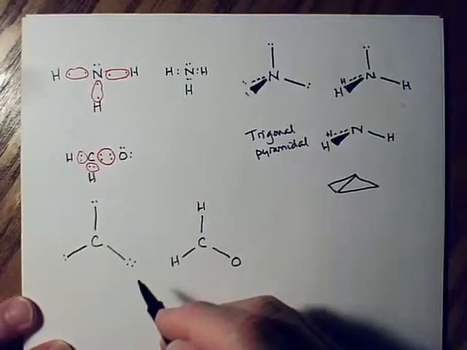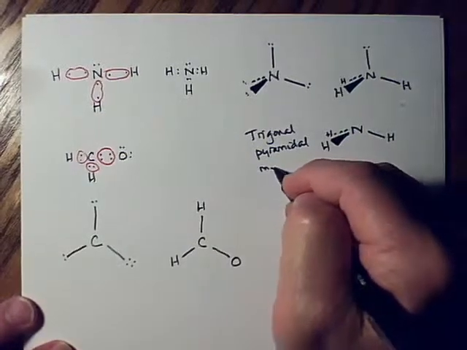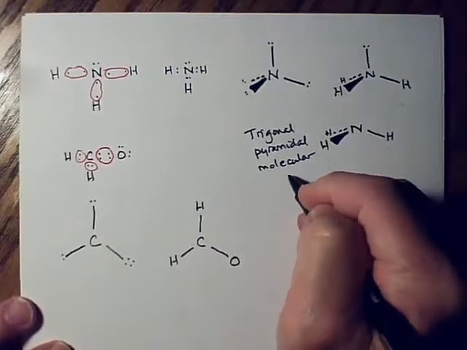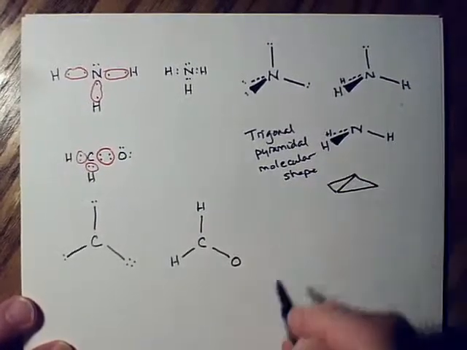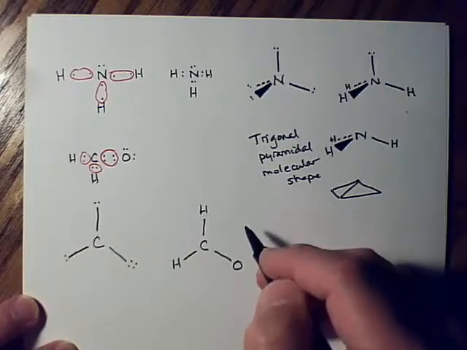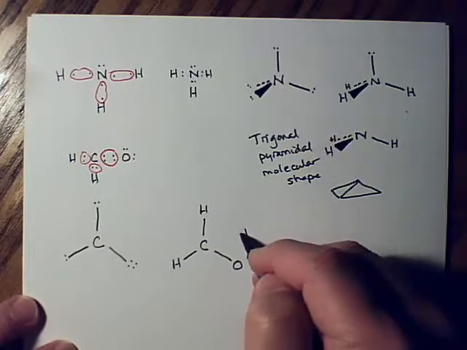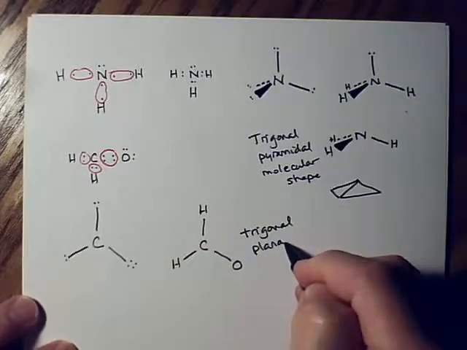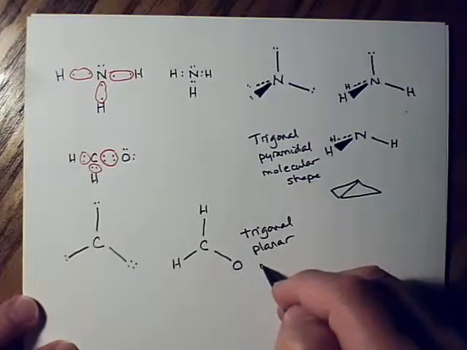You can say that's its first name, and its last name is that it's a molecular shape. And so we can call this first name trigonal planar, and its last name is molecular shape.